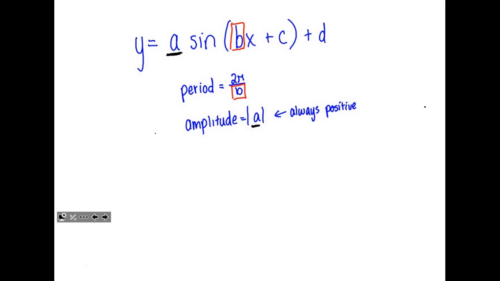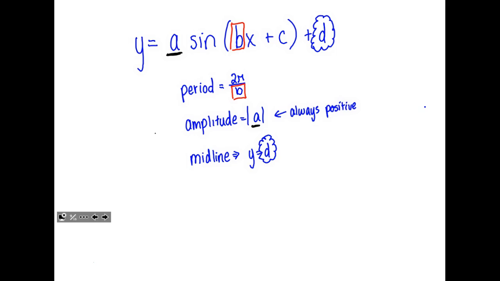Your midline is always going to be at y equals d. So this d you have right here is your midline. That's your vertical shift, however much it's moved up or down.